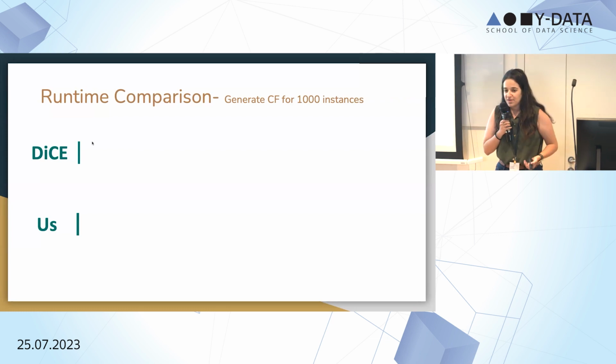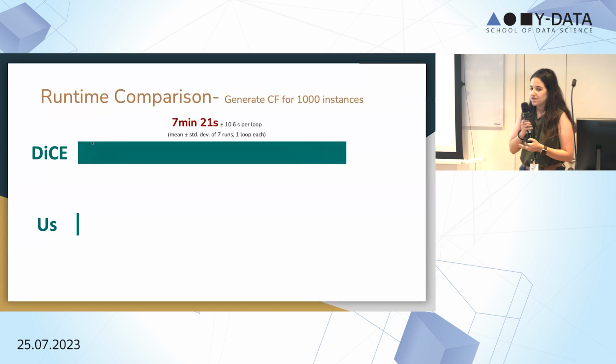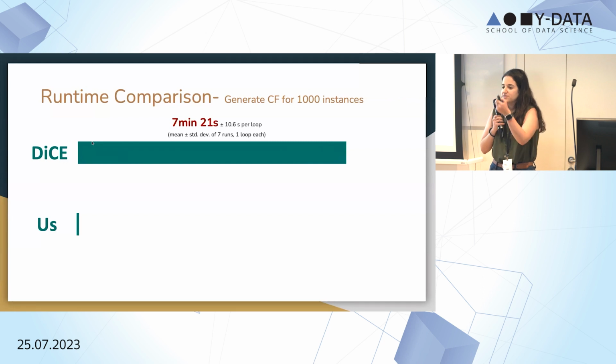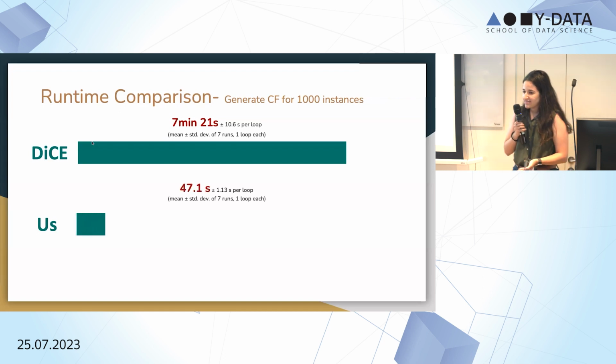Think of it as 1,000 customers. DICE took about 7 minutes to generate these counterfactuals. Now multiply that into millions when we're talking about big companies, and that's a lot of time and resources. We took only 47 seconds. And I know that now you're thinking, okay, but your result must be worse.